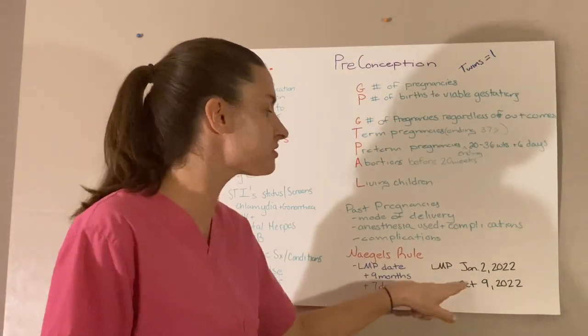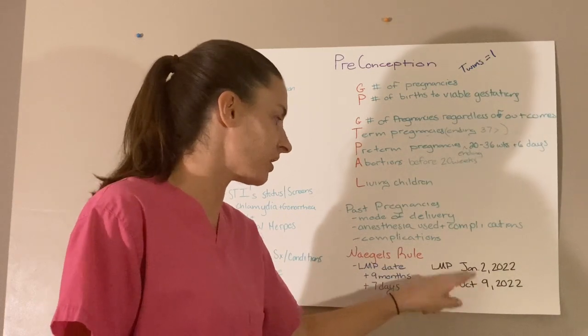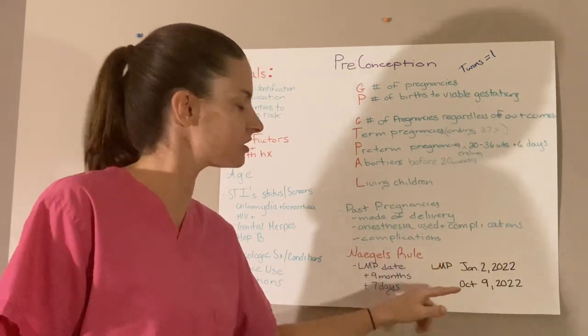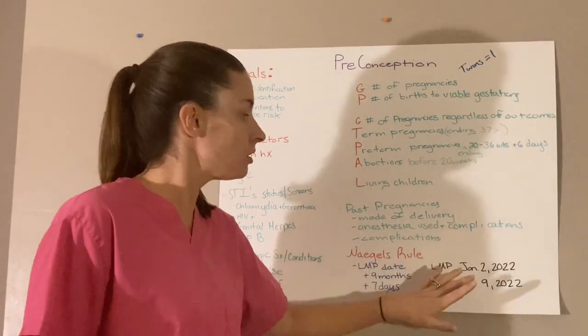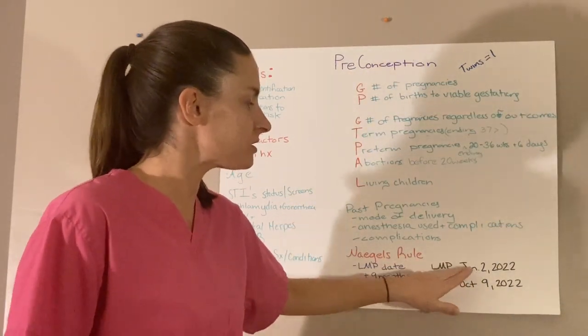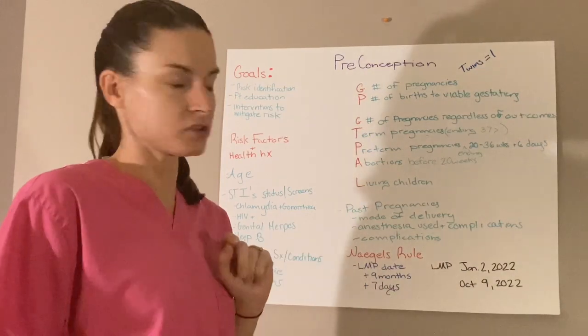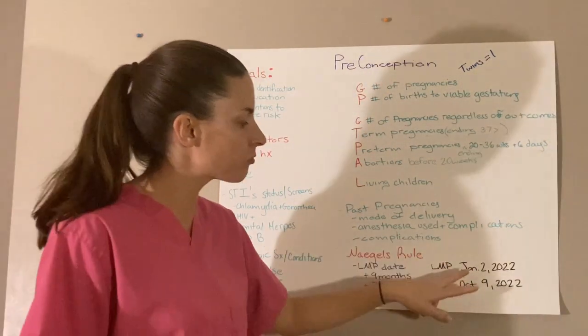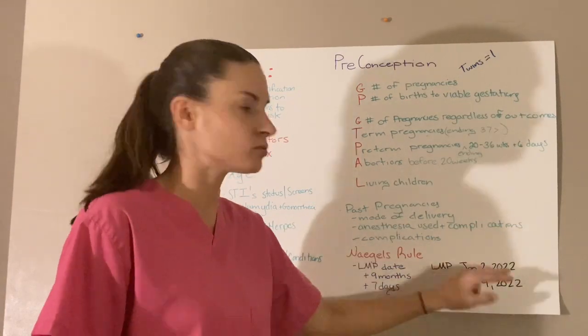So that would bring you to October 9th. And 9 months from January, you're still in the same year. Say this was June 2nd, 2022. And you would add 9 months to June. So that would bring you to 2023.